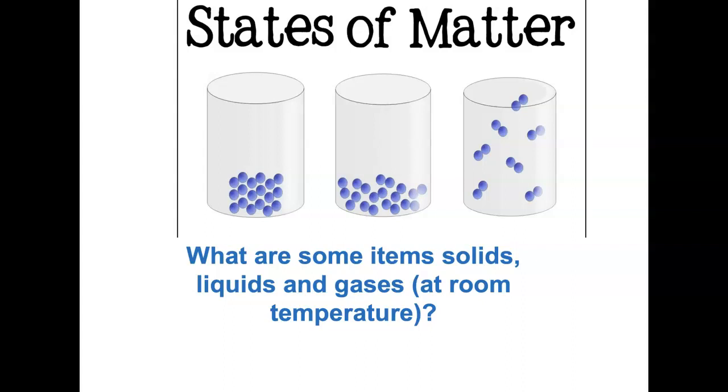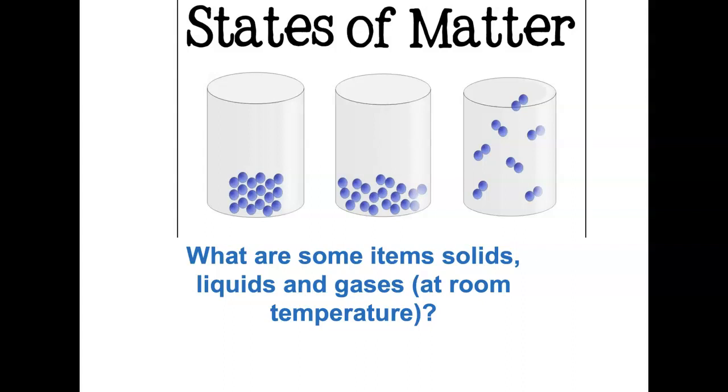And so what kinds of materials are solids or liquids at room temperature? Just think of a couple of things that would be a solid at room temperature or a liquid at room temperature. For solid, maybe you thought wood, rock. Liquid at room temperature, maybe you thought of water.